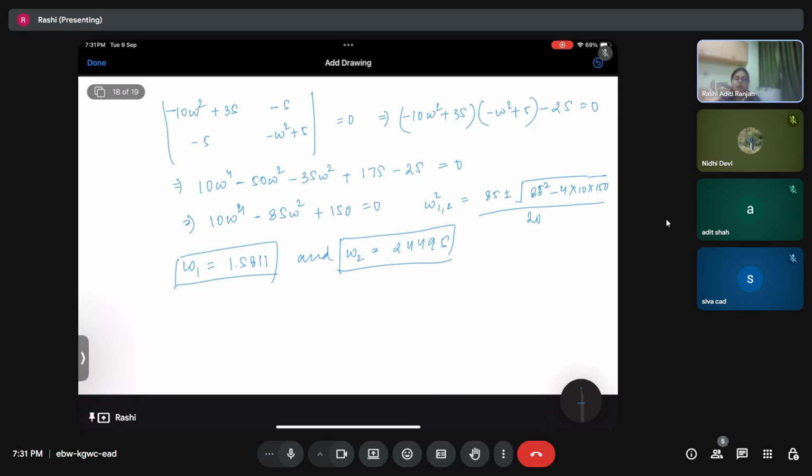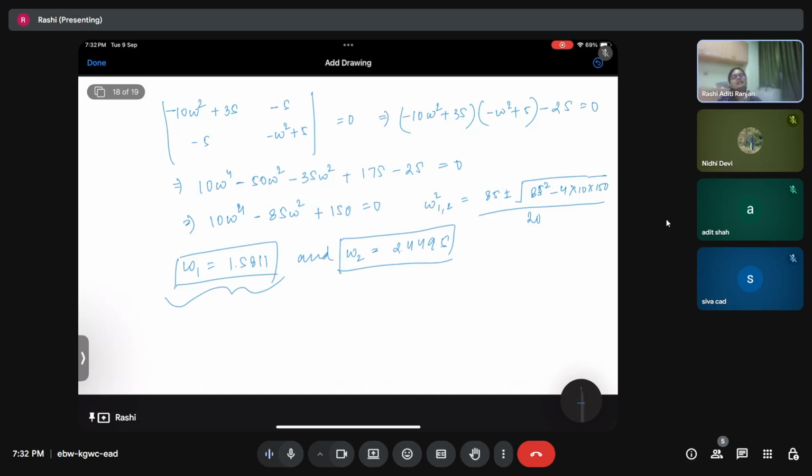So suppose I give an initial condition to my system which is linked to the mode for omega 1. Then both my masses are going to oscillate with the frequency of omega 1, correct? Similarly, if I give the initial condition which is linked with the mode for the natural frequency omega 2, both my masses are going to oscillate with the frequency of omega 2.